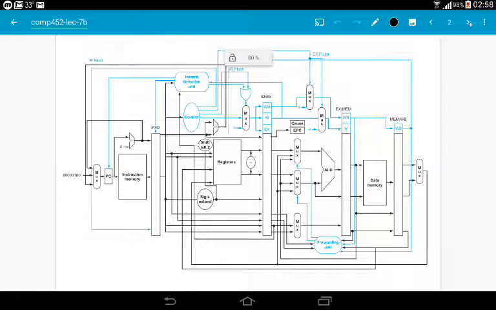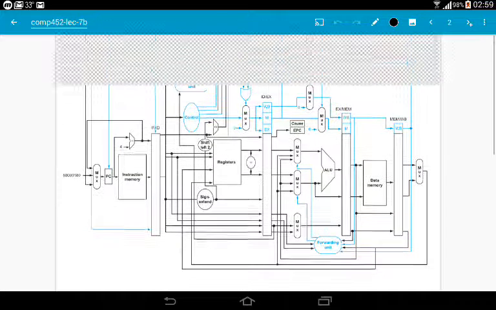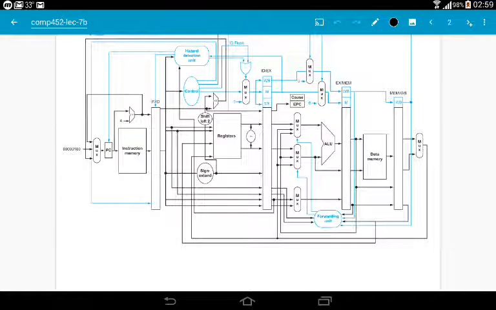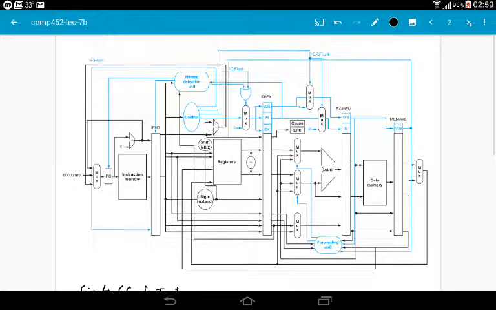Yeah, now I can see the whole figure on one page. This is actually figure 4.66 of the text.